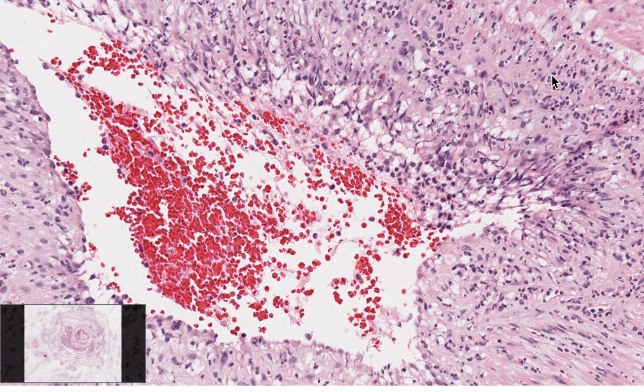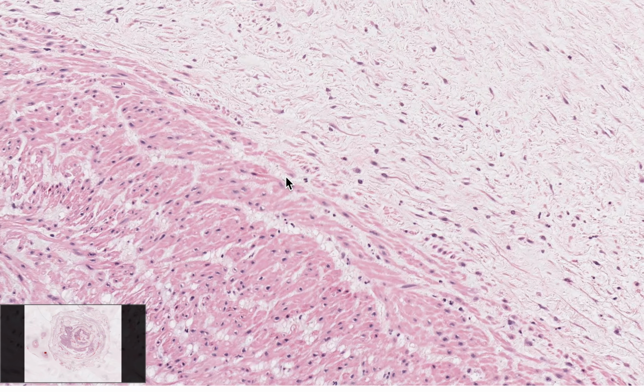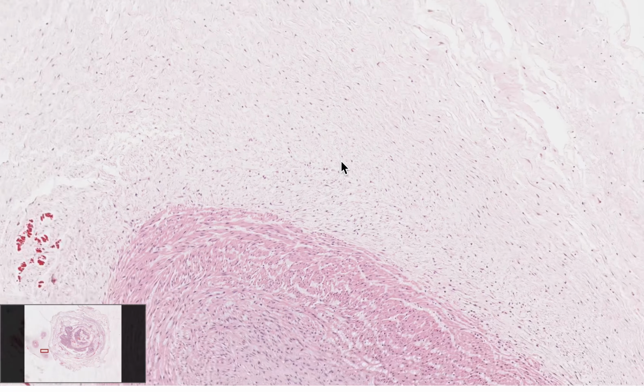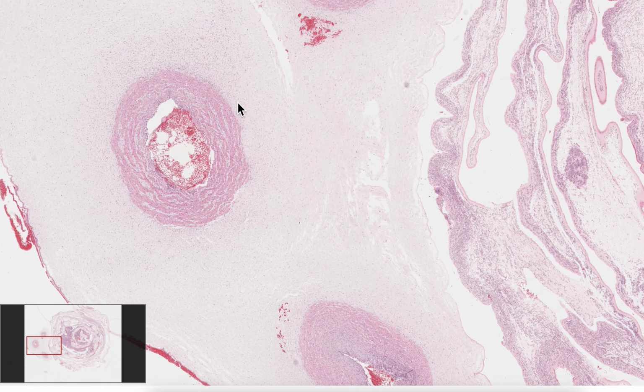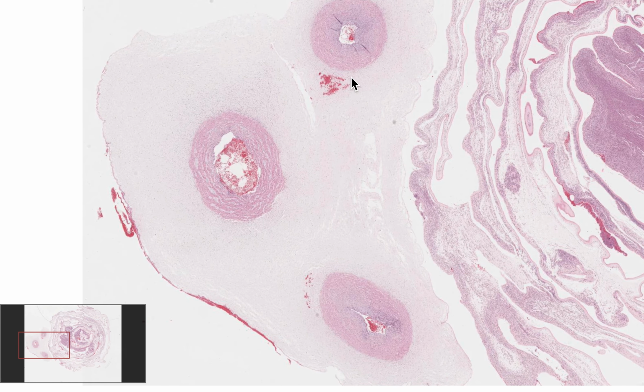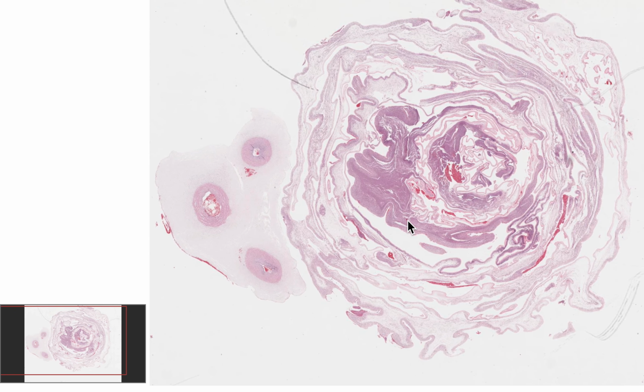And it seems like it's traversing. And maybe it's not as bad as the umbilical vein. But regardless, we know that there are neutrophils in the Wharton's jelly. So this is acute funisitis with umbilical phlebitis and umbilical arteritis, as well as acute chorioamnionitis.